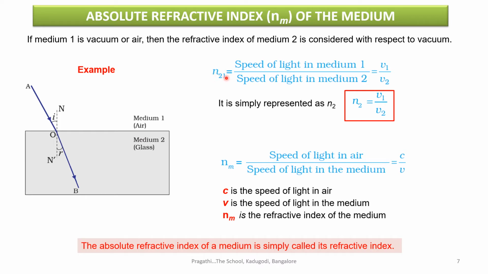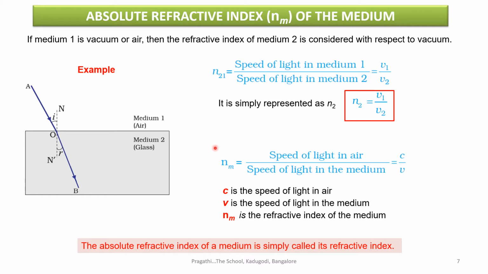That means 2 is first, so 1 should come first in the speed ratio: the speed of light in medium 1 divided by the speed of light in medium 2 is equal to v1 by v2. Instead of n21, it is simply represented as n2. We can write it as n2. See here, n2 is equal to v1 by v2. So this is a simple shortcut you should remember.